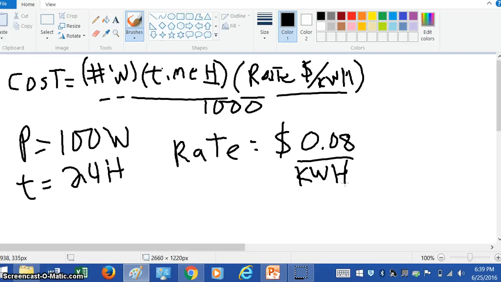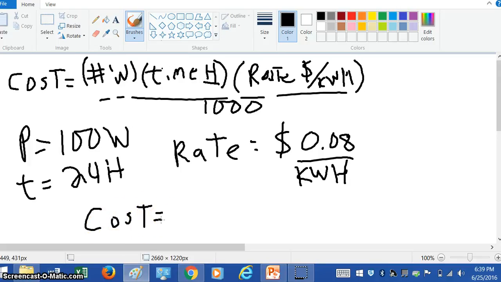That, by the way, answers one of your homework questions, because remember, watts are work per unit time, and then it's multiplied by a unit of time, and that changes it back to a certain amount of work or energy. So it's not in the proper units that we would normally use, but all right. Anyhow, we're just multiplying all these things and then dividing by 1,000, and so here's the cost of running this thing for 24 hours.